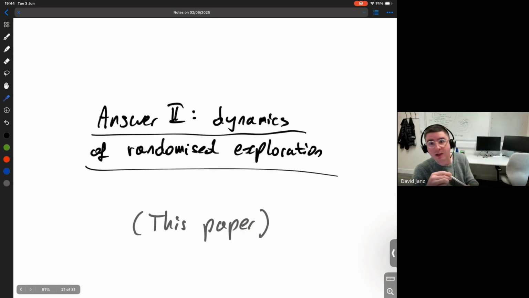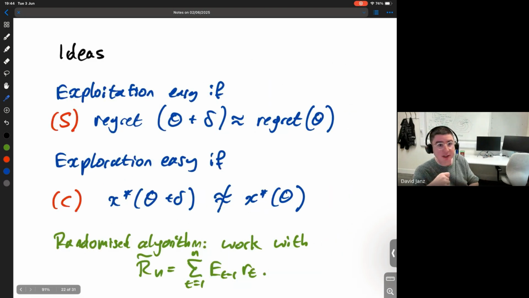So an alternative answer to how randomized algorithms work is given in the paper I'm presenting now. And this is essentially going to revolve around actually analyzing the dynamics of exploration induced by the noise and by the geometry of the arm set. So the key idea here is that we're trying to balance exploration and exploitation.